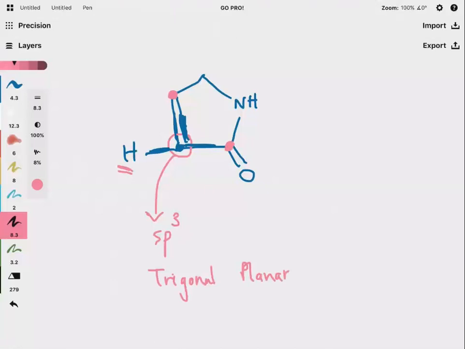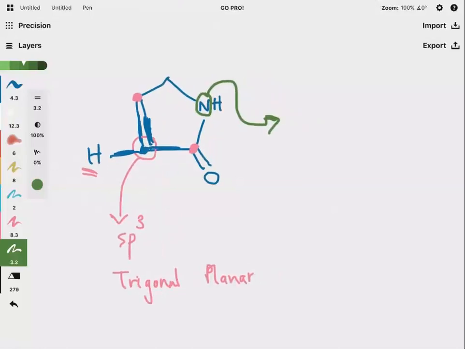How about this nitrogen right here? What is its hybridization? Well, I hope you were able to see that that nitrogen actually looks like this. It has a hydrogen on it, right? Then it's bonded to this carbon right here, and that carbon right there. But it also has that lone pair, because it's a group 5.